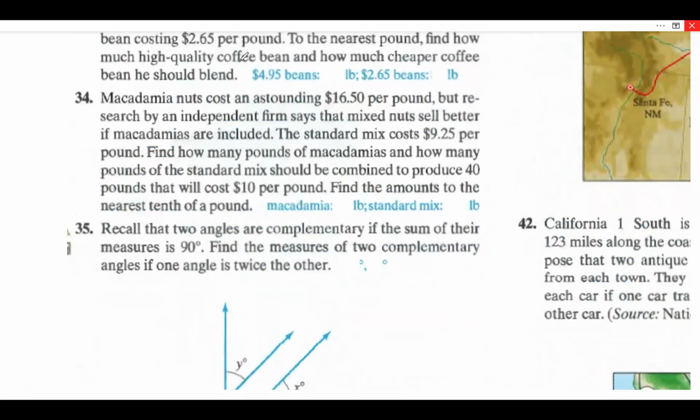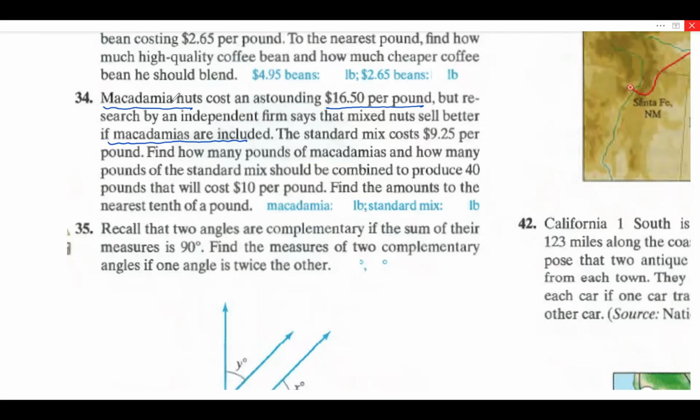Let's read this first. There's a kind of nut called macadamia nuts, which cost $16.5 per pound. But research by independent firms said that mixed nuts sell better if these are included.